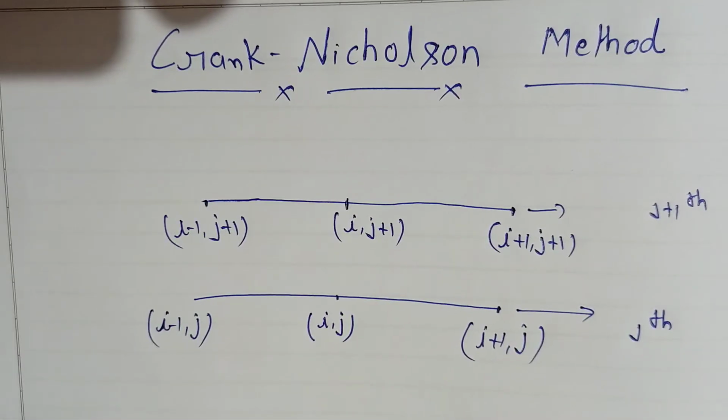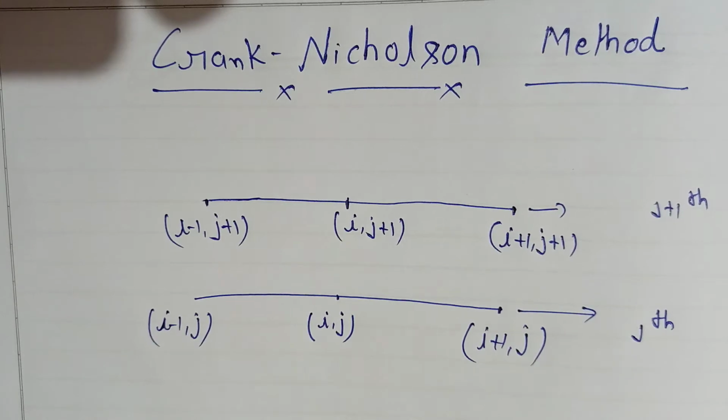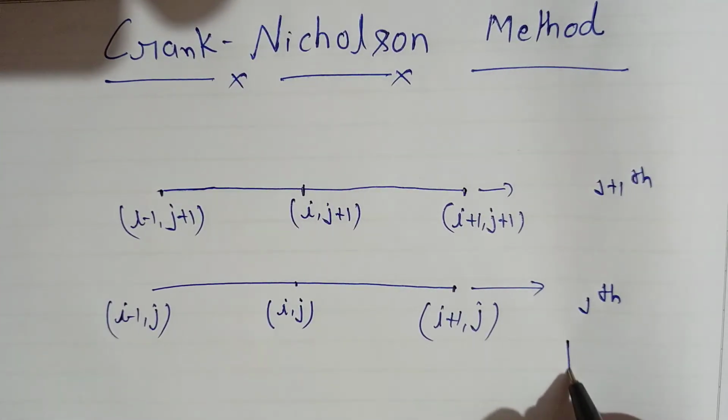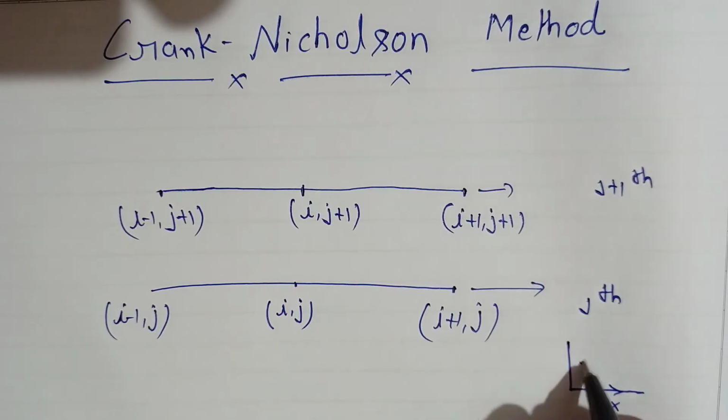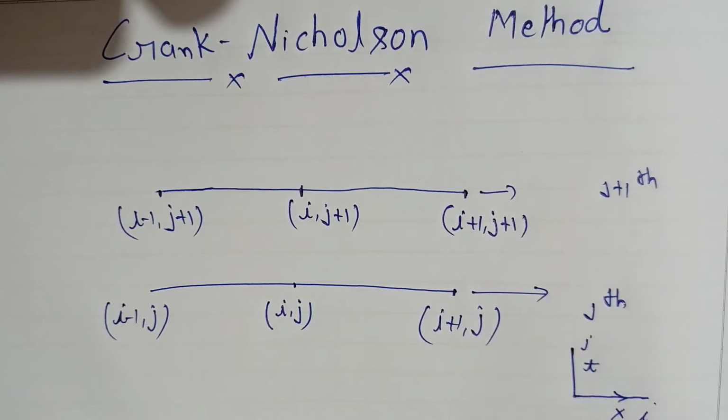So this is the implicit scheme based on two time step levels. If you take the x and t plane, here is the x axis and time t, so i represents the coordinate for the x axis and j represents the time t.